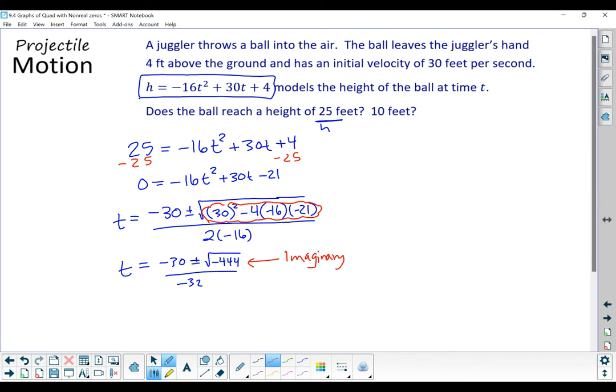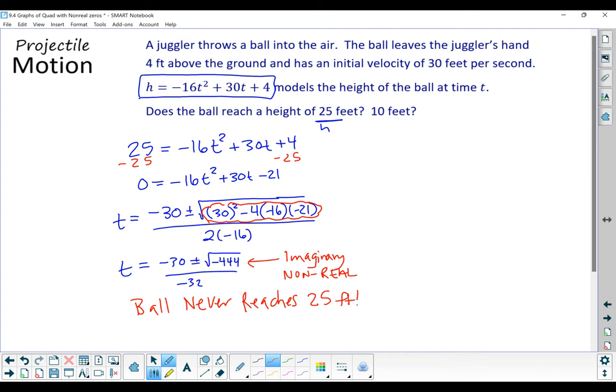This is an imaginary, complex, non-real answer. That means that the ball will never reach a height of 25 feet. So no, it does not reach a height of 25 feet.